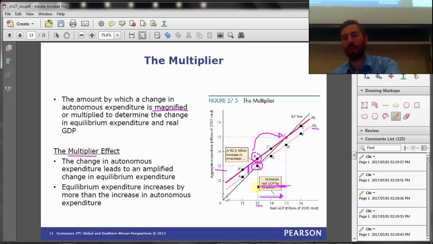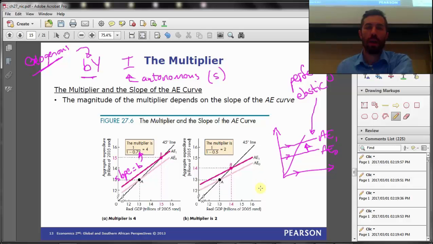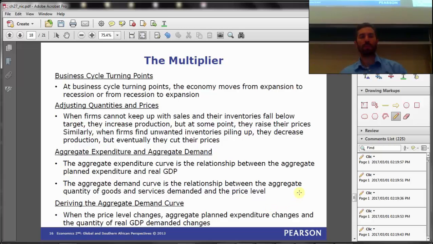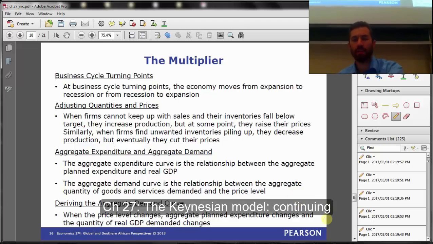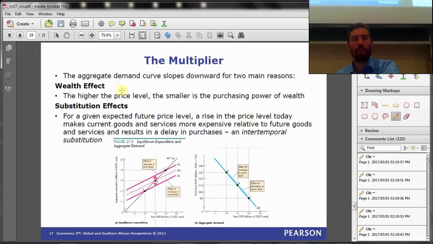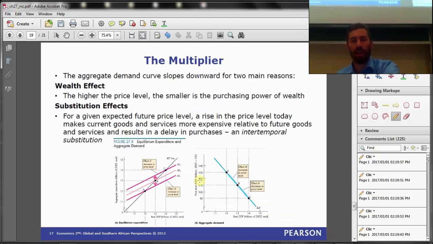We derived the multiplier effect, and we looked at it both graphically and mathematically as an equation. And then that brought us essentially to this slide here, which is right at the end. We want to finalize our discussion on the multiplier. Then we want to talk about what happens when prices change, because when prices change, we end up with a relationship between aggregate expenditure, which gives us equilibrium output, and prices.